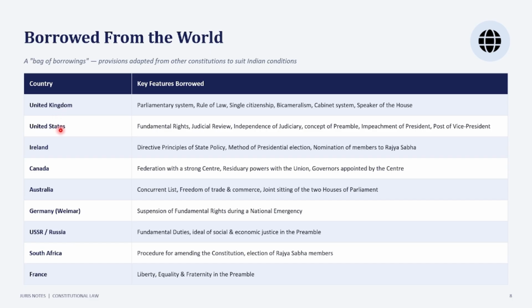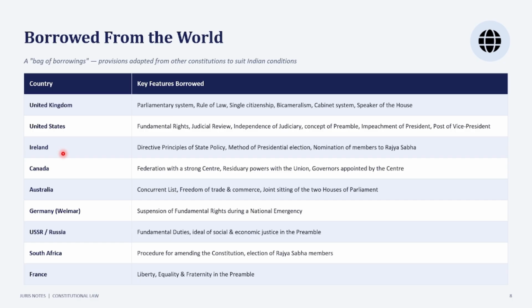Then from the United States, we have fundamental rights, judicial review, independence of the judiciary, the concept of a preamble, impeachment of the president, and the office of the vice president. From Ireland, we borrowed the directive principles of state policy or DPSP, aspects of the method of election of the president and nomination of members to Rajya Sabha.